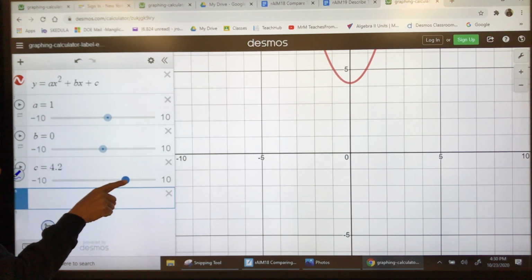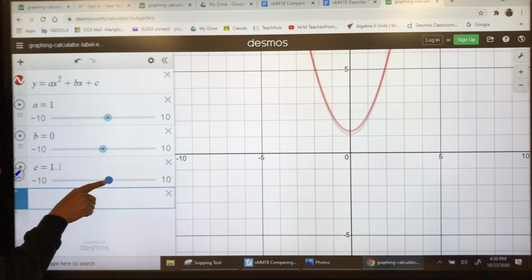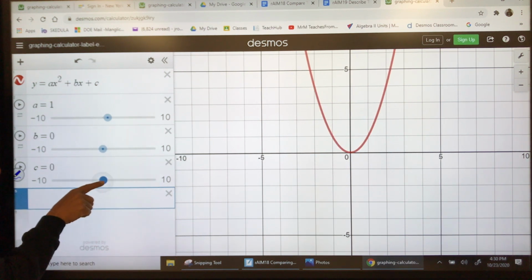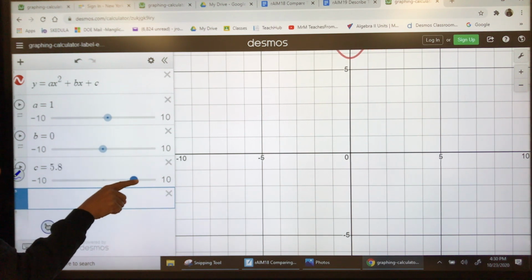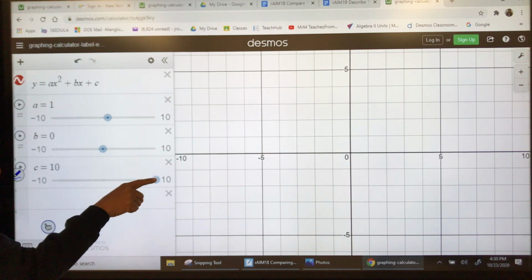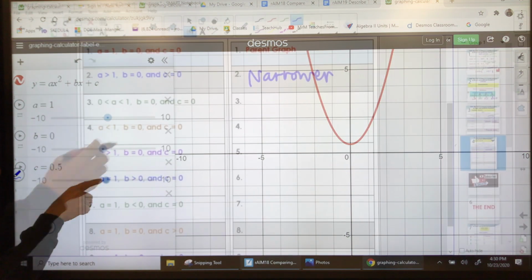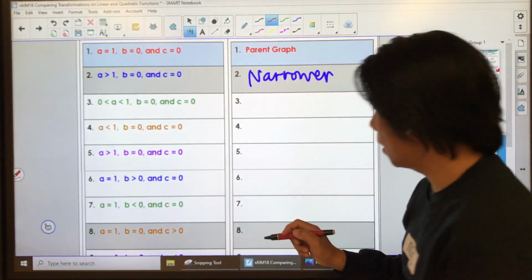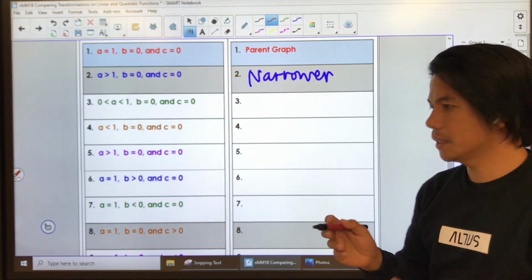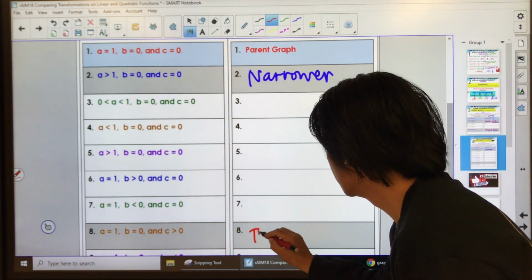So what do you notice? Let's do it one more time. From here, we slide up to positive 10, and so the graph, the parabola, translates up, right?